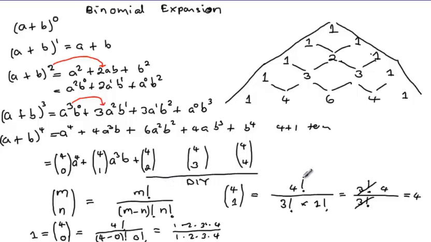Like for example, I can give you a binomial like this, and they say to the power 100, and they ask you only to give me the 50th term or the coefficient of the 50th term. I can either ask for the coefficient of the 50th term or ask only for the 50th term.